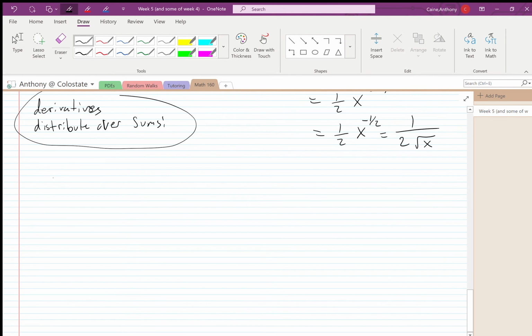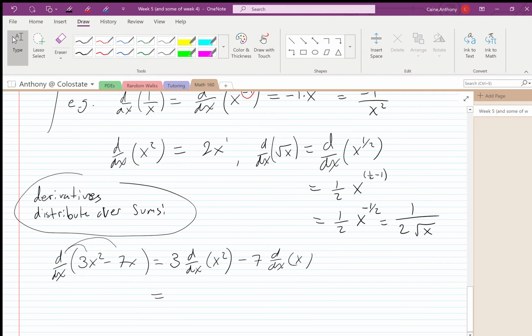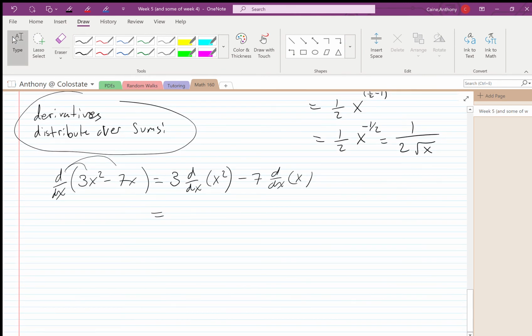The derivative of 3x squared minus 7x is equal to, so you can think of distributing this. And furthermore, you can pull out constants, so I can actually write this as 3 times the derivative of x squared minus 7 times the derivative of x. And so suddenly, the power rule combined with this sum rule, I guess is what we'll call this. We'll call this the sum rule.